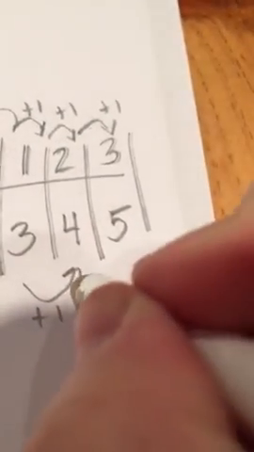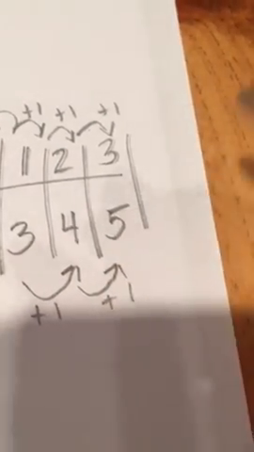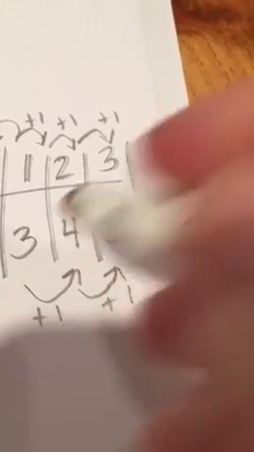If I went backwards, I'd get to 0. Cool. If I started with 3, 4, and 5 down here, they are each also going up +1 to get to the next step. If I go backwards, this would have been a +1.